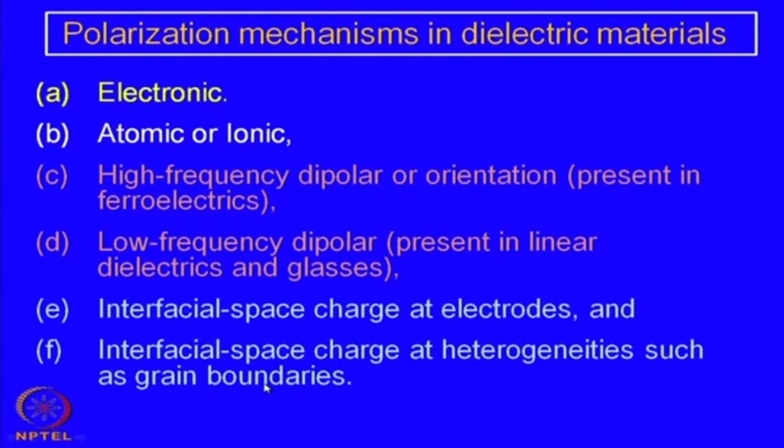I have mentioned just now that the electrode-electrolyte interface acts as an accumulation site for the charge carriers, but if there are inhomogeneities, for example a grain boundary in a polycrystalline material, particularly in ceramics, you have grain boundaries which are inhomogeneities, and that also creates some kind of a surface. So, when charges are trying to move across the grain boundaries, there may be an accumulation because of the imperfections of the lattice.